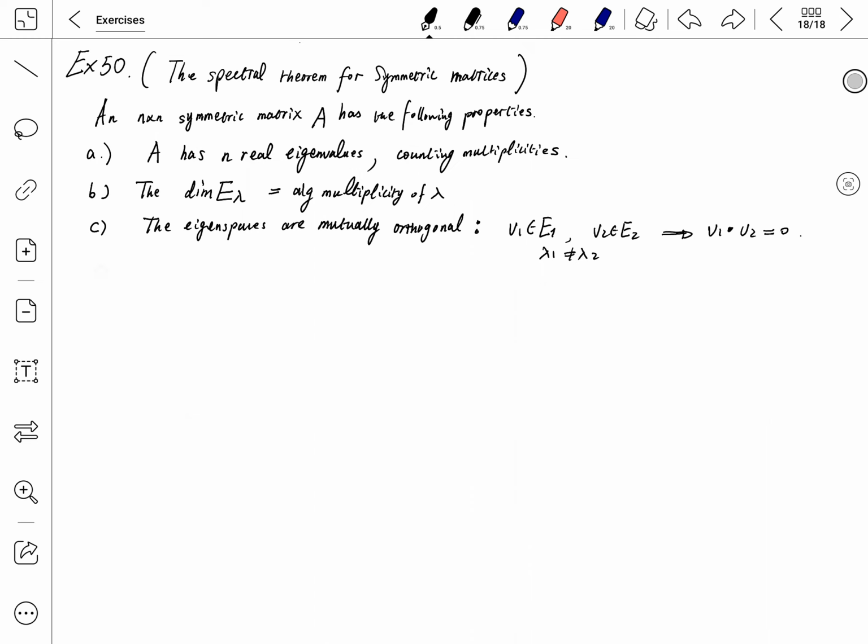Lastly, it is orthogonally diagonalizable.